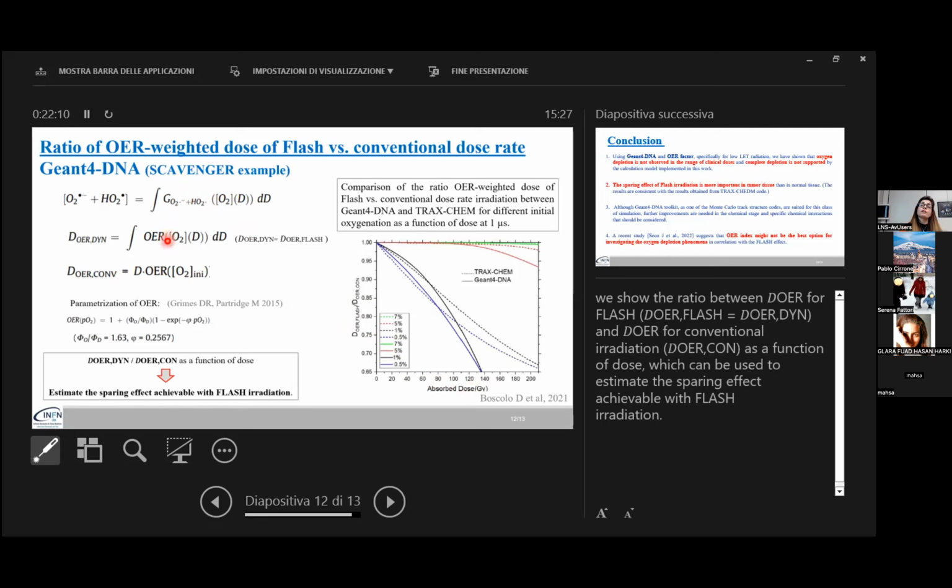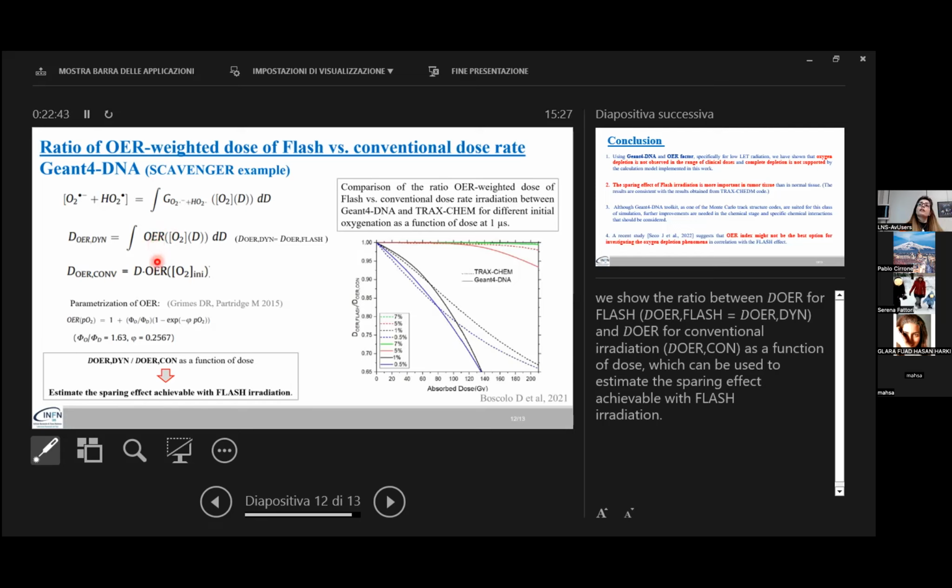And this means the more species, the more consumption of oxygen, okay? When oxygen is decreased, the OER shows radiosensitivity has a lower amount. It means the radiosensitivity with more dose and more oxygen consumption is lower.